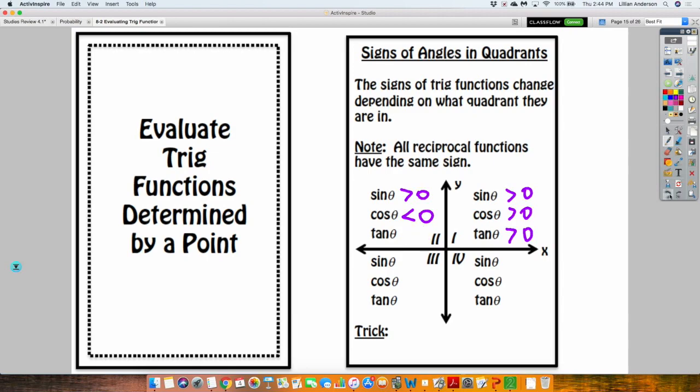Sorry, only sine is going to be positive. So what reciprocal function is also going to be positive? Not cotangent. Cosecant. Because cosecant is the reciprocal of sine. So both sine and cosecant are going to be positive in the second quadrant. All the other ones are going to be negative.